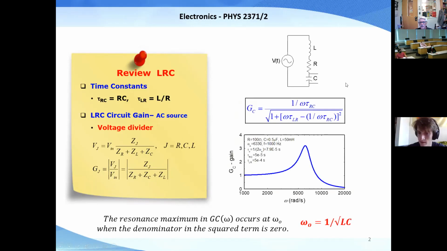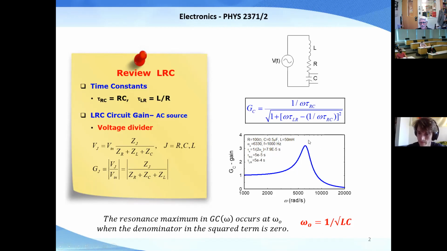And I thought it was pretty cool that you actually made an LRC circuit and you plotted its gain as a function of frequency. And you found that even though the input voltage can be, say, 10 volts, you can get a peak voltage on the capacitor that's more than that.